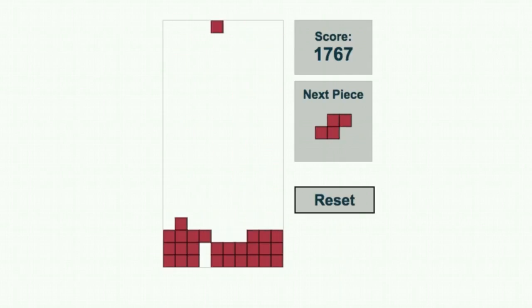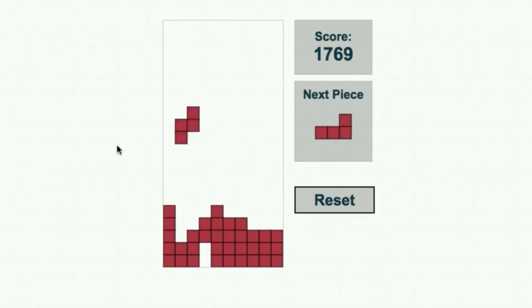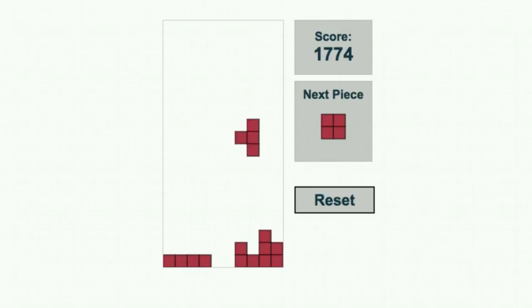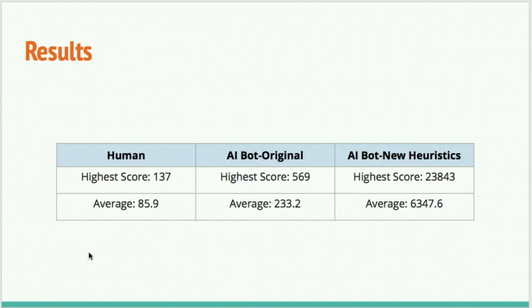As you can see, this has been running for a while, and the score is already above 1700. Here are the results of the bot with the new heuristics. As before, the human score averages at about 86, and the bot with the original heuristics was about 233, and the average score of the new bot with the new heuristics is about 6,000, and the highest score we've seen so far is about 24,000.